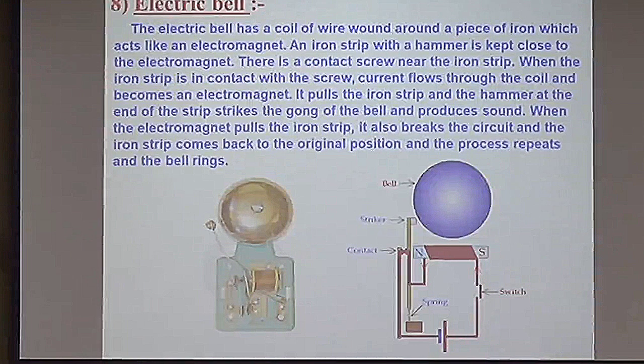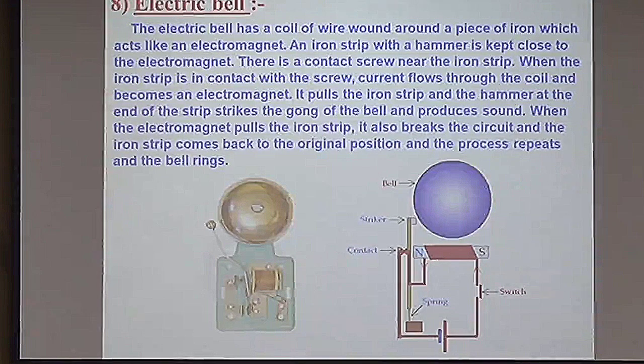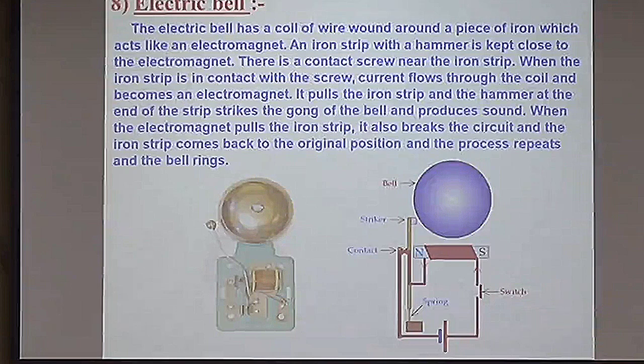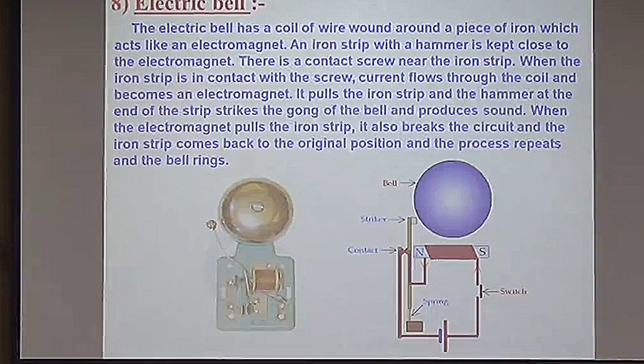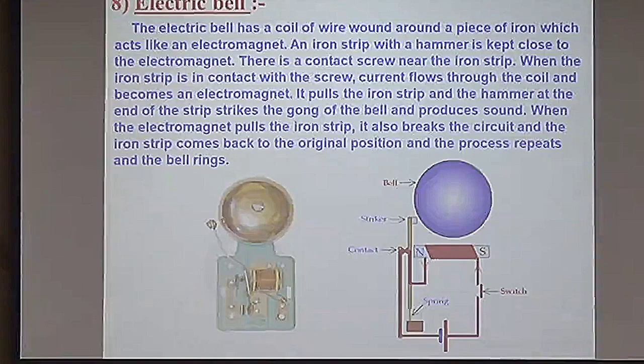Whenever it goes back to its position, it is connected to the circuit again. Therefore the current starts flowing again, the iron behaves as an electromagnet, and again pulls the iron strip. This process repeats as long as the switch is on and it strikes the gong. Therefore we can hear the sound. The iron strip comes back to its original position, the process repeats, and the bell rings.